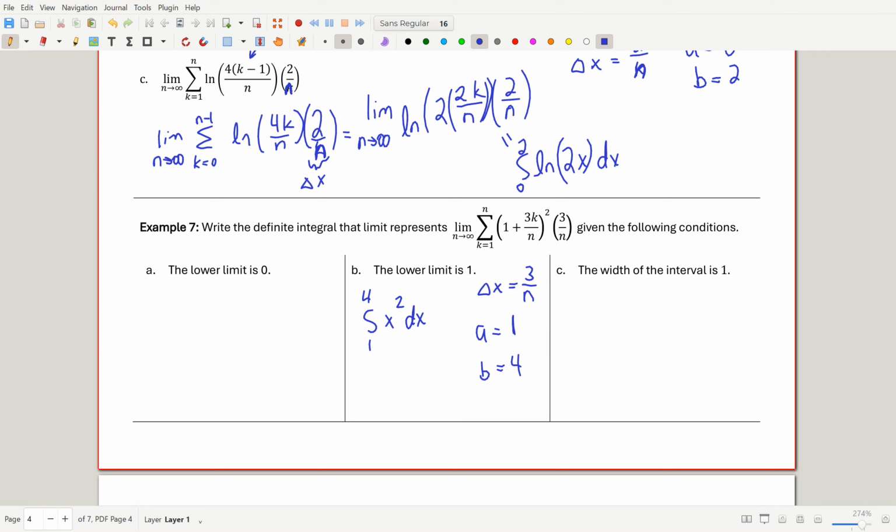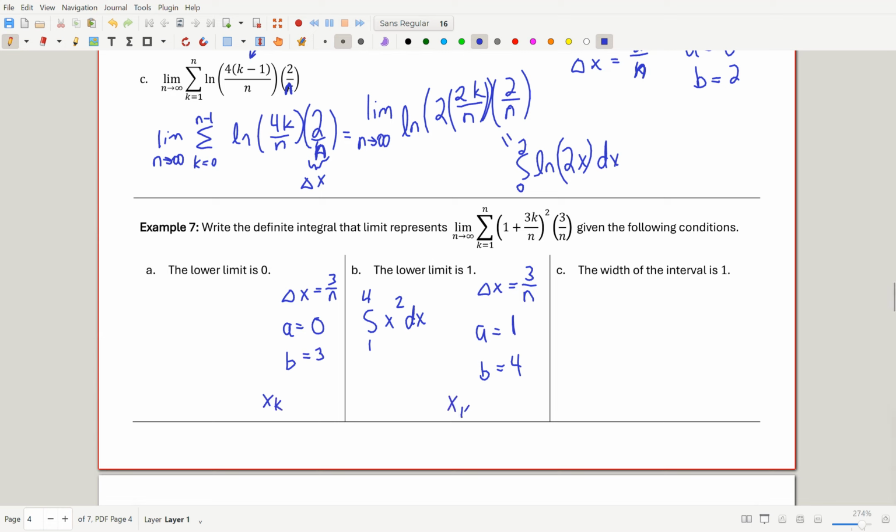The problem, now when we jump over to letter A, says the lower limit is 0. So we're going to keep our delta x 3 over n. There's nothing that told us we couldn't do that. But now we've got to make our a equal to 0, which is going to lock our b as 3. So what's our xk? Let's actually write that out. Maybe we'll write it out in both here.